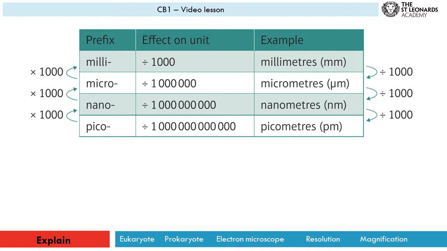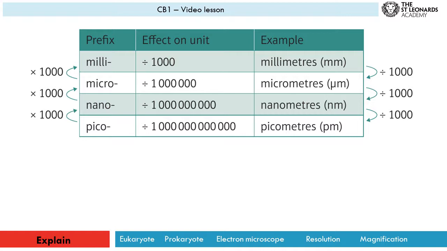So 1,000 millimeters will fit into a meter. A micrometer is 1,000 times smaller still, so that means 1,000 micrometers in a row would fit into 1 millimeter. A nanometer is 1,000 times smaller again, so that means 1,000 nanometers in a row will fit into 1 micrometer, or 1,000,000 nanometers in a row will fit into 1 millimeter.